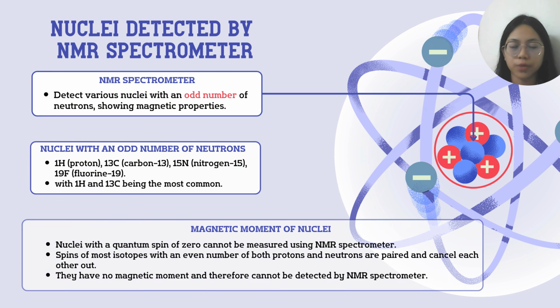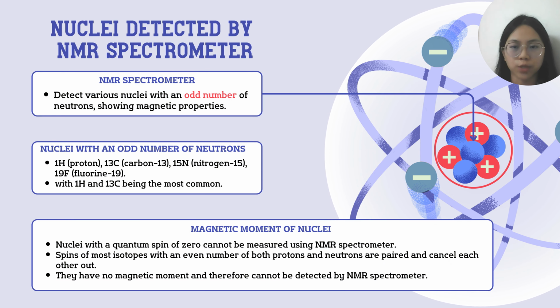To explain the principles and mechanism of the NMR spectrometer, we start with the nuclides it can detect. The NMR spectrometer can detect various nuclei with an odd number of neutrons, which show magnetic properties. Common nuclei include proton, carbon-13, nitrogen-15, and fluorine-19, with protons and carbon-13 being the most widely used.